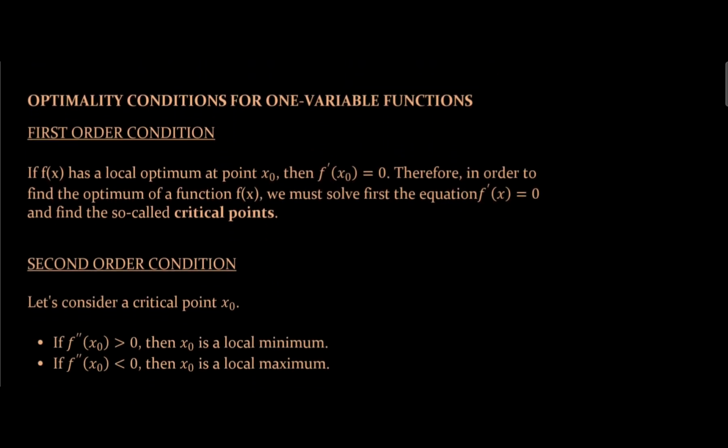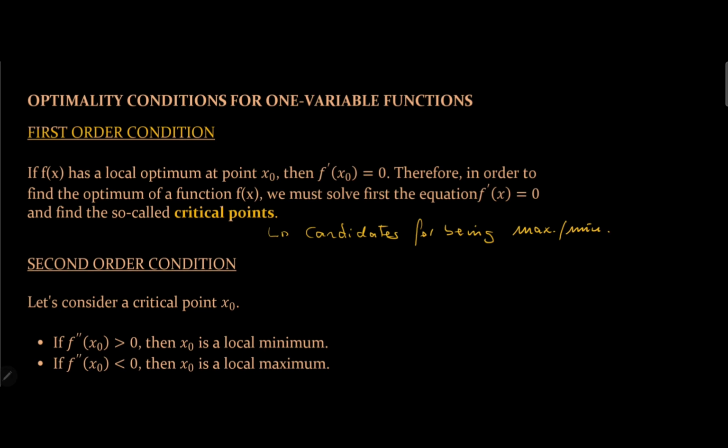Now, what are the conditions for finding out this local maximum or minimum, or these global optimal points? Then there are two conditions called the first order condition and the second order condition. The first order condition is designed for finding out the so-called critical points. These critical points are the candidates for being maximum or minimum.